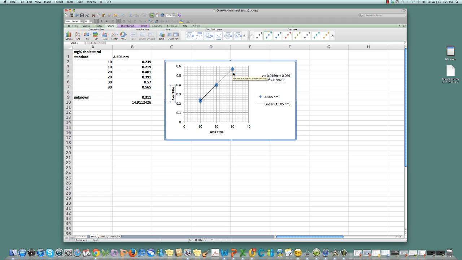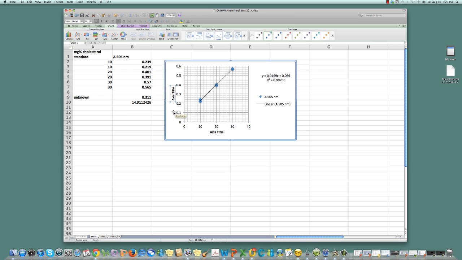Do the linear fit to the data, get the y equals mx plus b equation, take the absorbance of the unknown, plug it into that equation, and solve for x, which will give you the milligram percent value of your unknown.